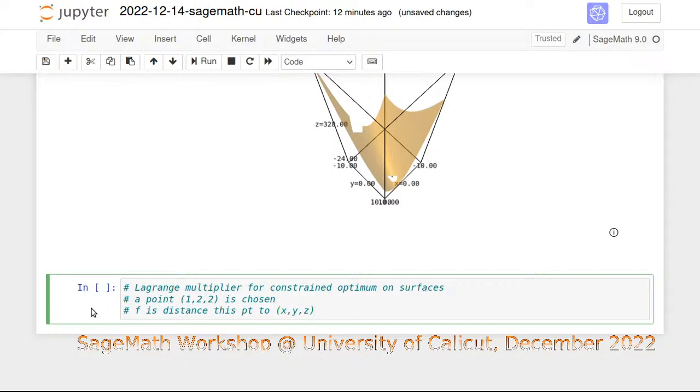To avoid certain complications, to simplify the function, we can assume it to be the distance square. Maximizing the distance function or the square of the distance function, both are essentially the same, because distance has no negative values, therefore we can maximize or minimize the square of the distance function.